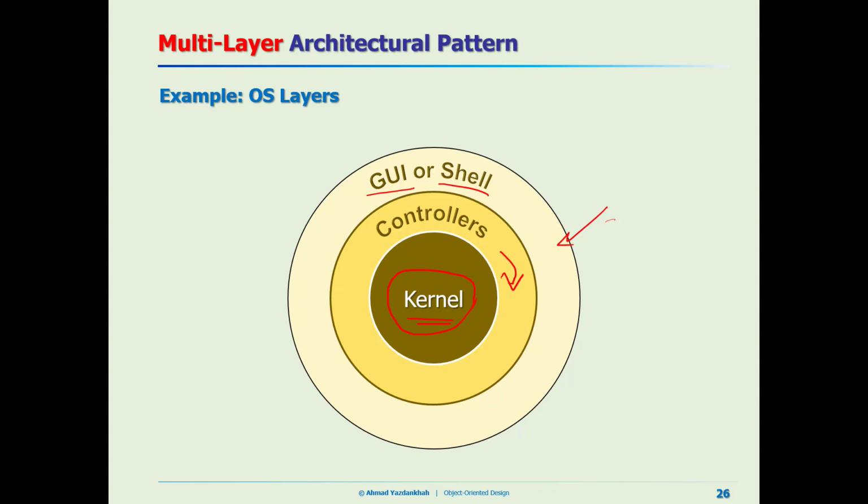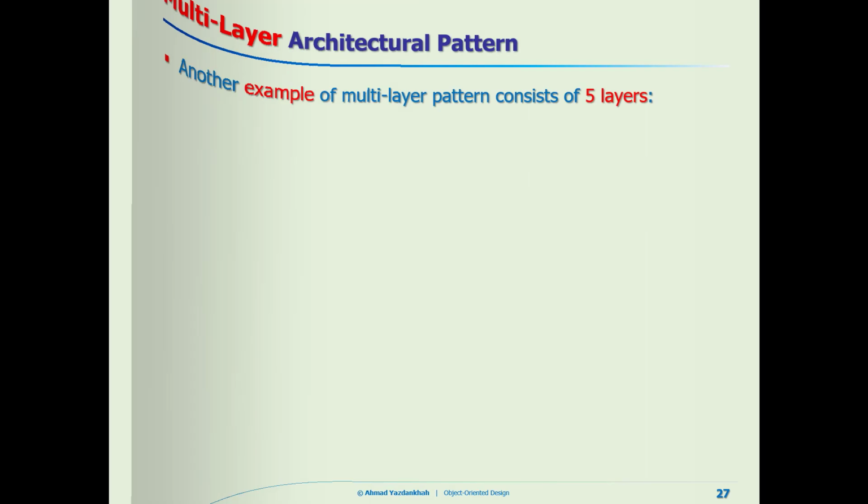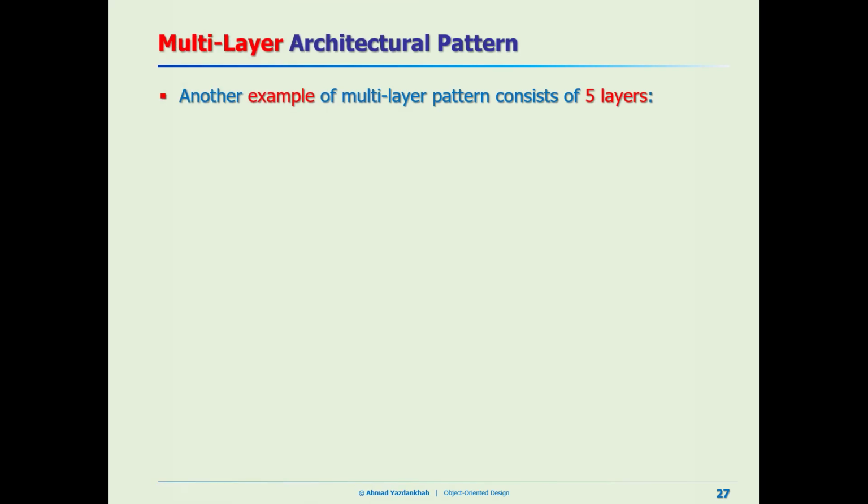Anyway, this is the way that they communicate with each other. The GUI communicates with the controller, and the controller communicates with the kernel, and the other way around as well.